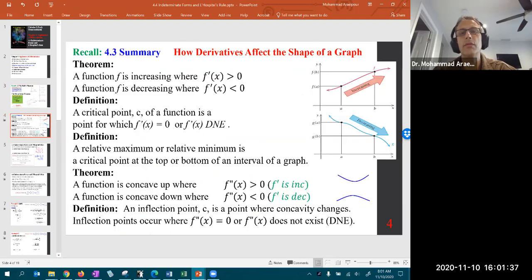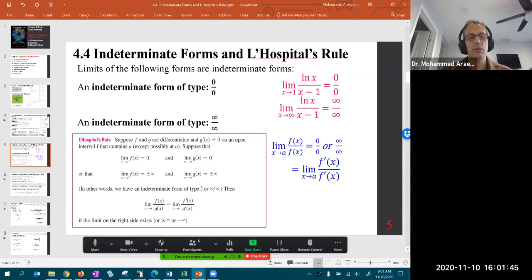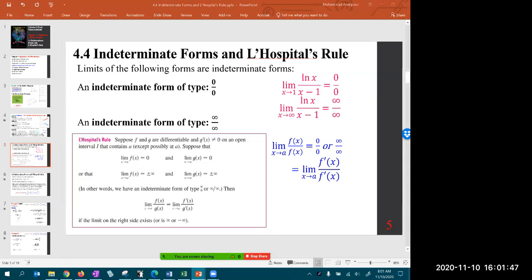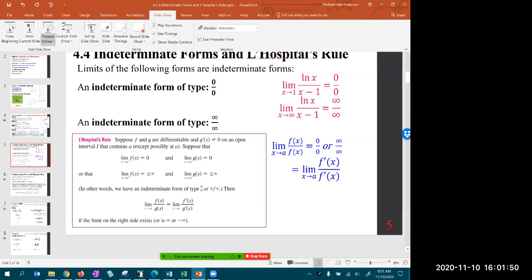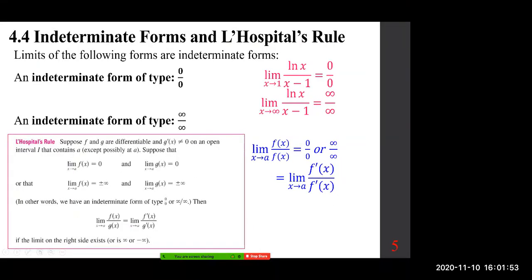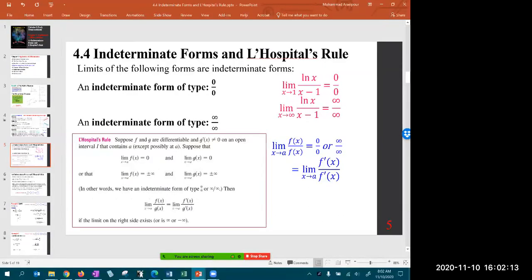Summary of how derivatives affect the shape of a graph. Okay. And now indeterminate forms and L'Hopital's rule. Here's the synopsis of what is going on. In short, when you want to take the limit, if the result is 0 over 0 or infinity over infinity, as we come across this stuff often, then we can replace the f and g with their derivatives.